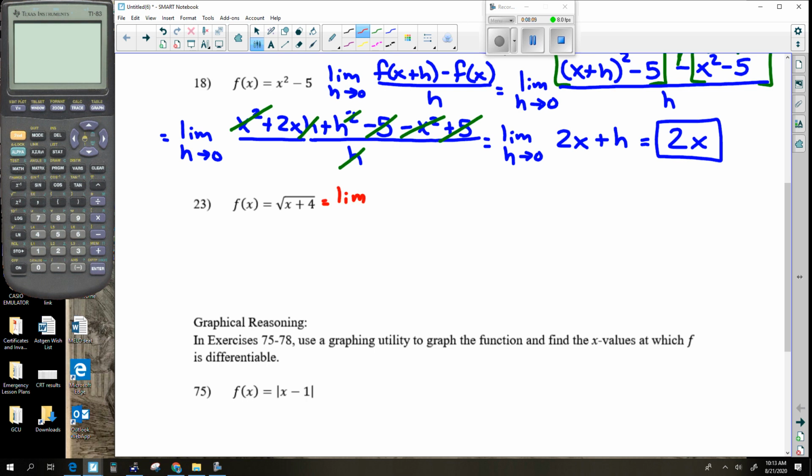The limit as h goes to 0 of f of x plus h minus f of x all over h.